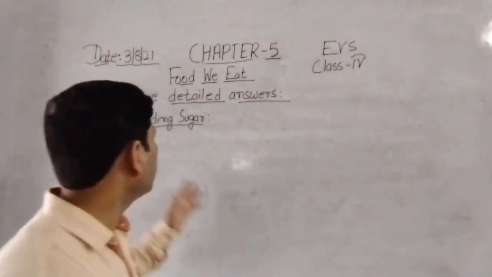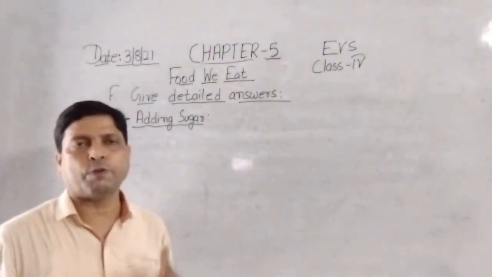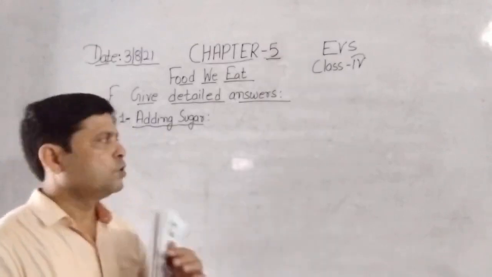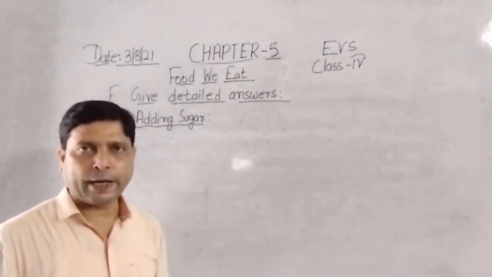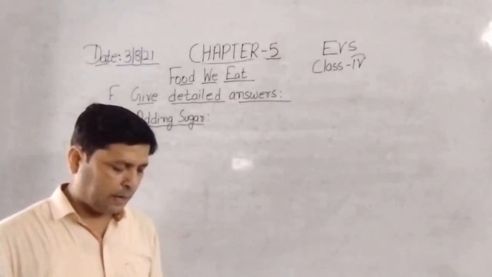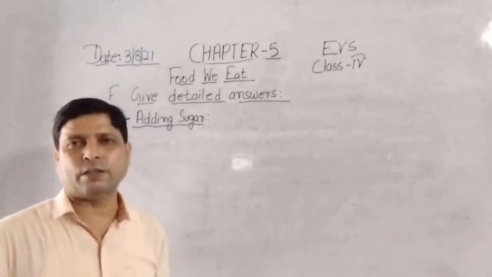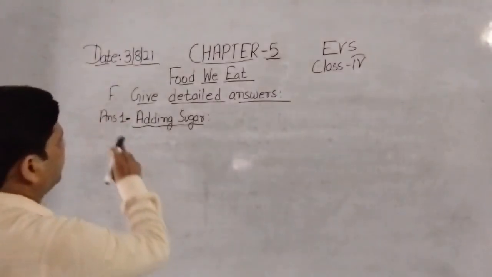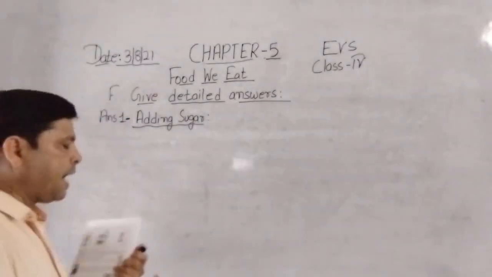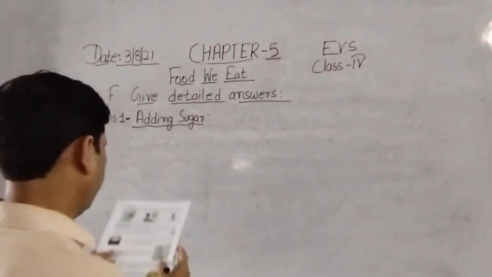So by adding sugar we can preserve the foods for a long time. So salt, boiling, refrigeration and freezing, these 3 points we have already written. Now the fourth point of answer number 1 is adding sugar.